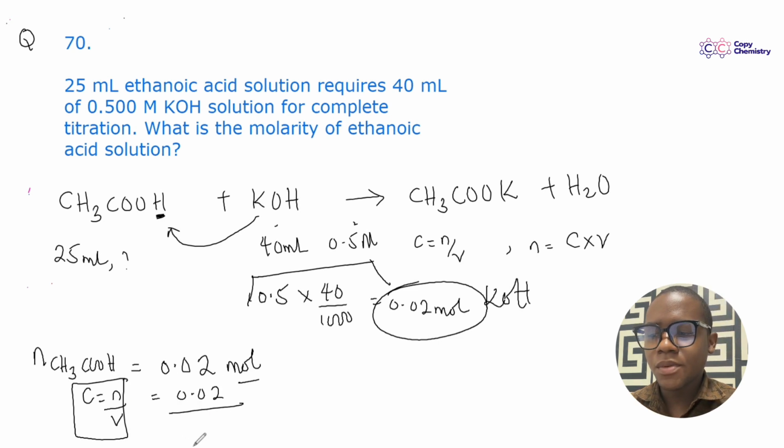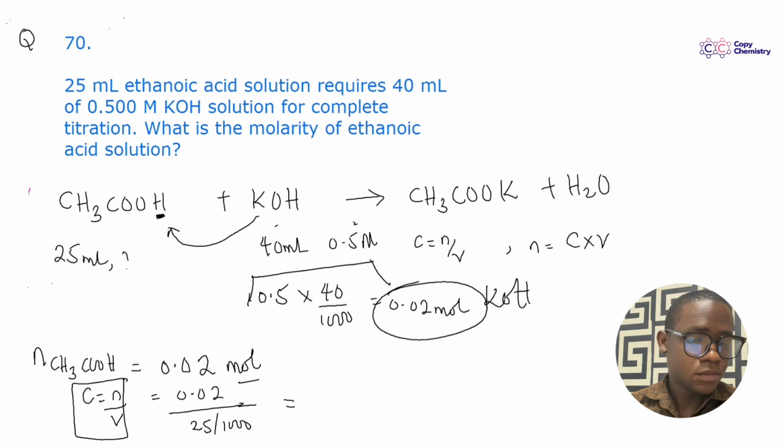Are you ready? 0.02 divided by 25, and I need to always divide this by 1,000 for unit consistency. Can you solve that in your calculator and let's see what you get? I'm getting 0.8 molar.